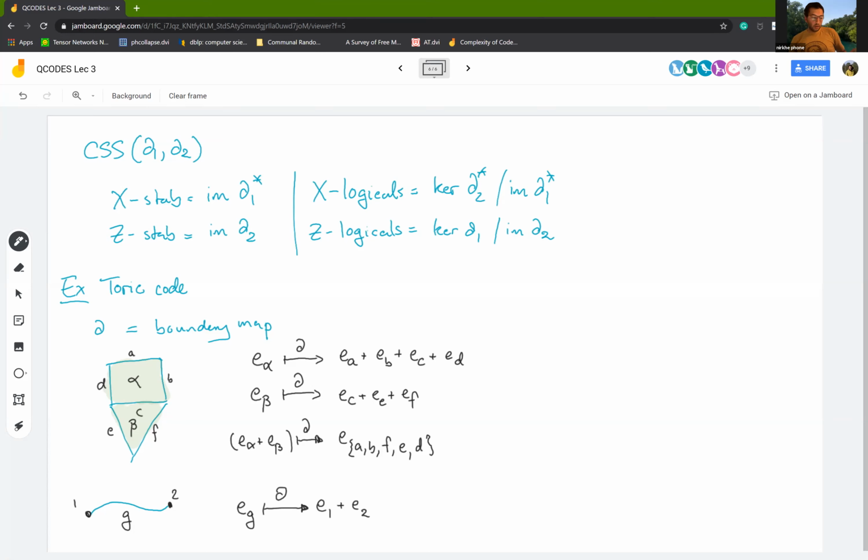So I'll let everyone kind of play around with this. But if I take these delta boundary maps as those coming from a tessellation of a torus, I actually end up getting the toric code, right? Because in our toric code, the way Anna described it last time, I had a Z check on every face like this.